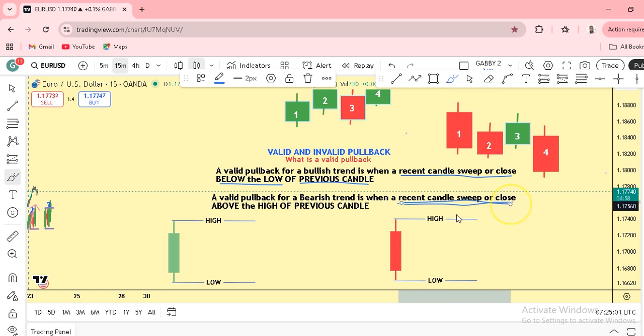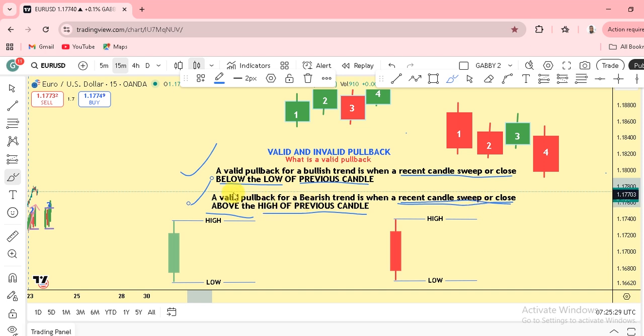So in a bullish trend, we are looking at the recent candle closing below the low, either it swept or it closed below the low of the previous candle. And for a bearish trend, we are looking at a recent candle sweeping or closing above the high of the previous candle.